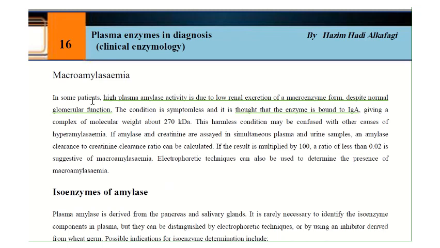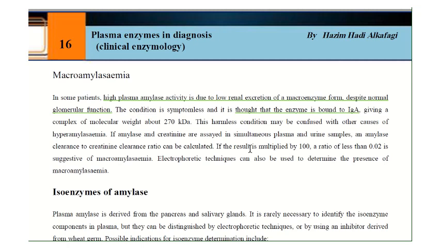In some patients, high plasma amylase activity is due to low renal excretion of a macroenzyme form despite normal glomerular function. إذا في بعض المرضى فالhigh plasma amylase activity تكون بسبب low renal excretion of a macroenzyme form. تكلمنا سابقا عن الماكروانزيم شنو معناها. فهنا بسبب low renal excretion of a macroenzyme form بالرغم من normal glomerular function.